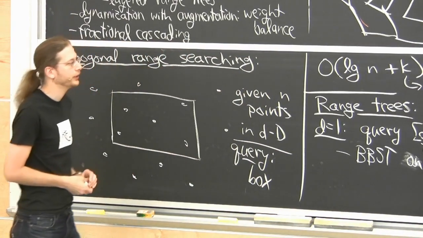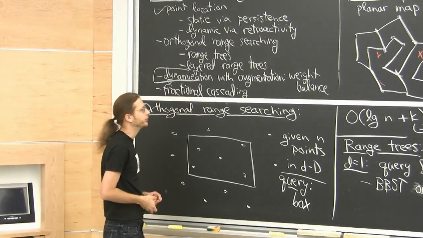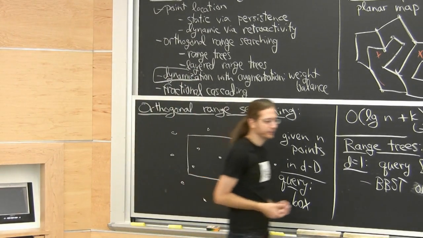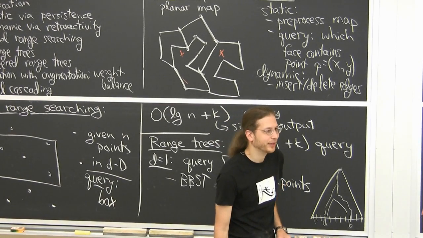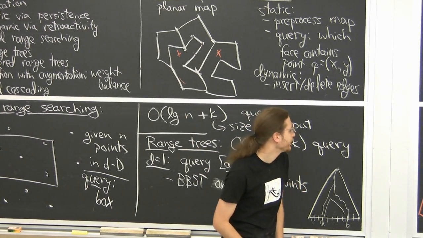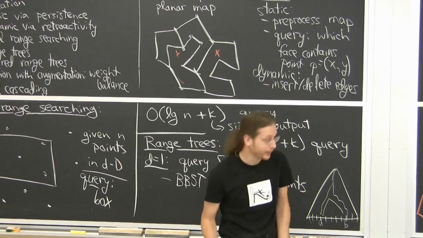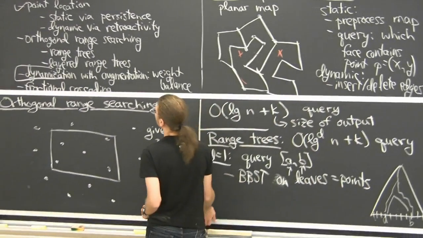Rotations are kind of annoying. And we can solve it using this dynamization trick, so we don't have to worry about it till we get there. It's going to get even harder to make things dynamic, and so then we really need to pull out the black box. Well, it's not a black box. We're going to see how it works. But it's a general transformation that makes things dynamic.